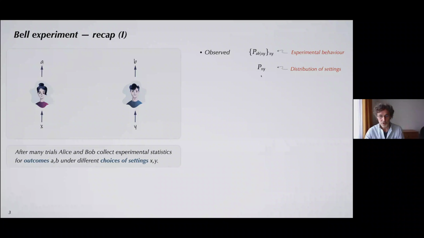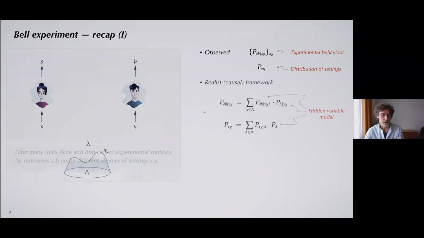So the story goes as follows. We would like to model this behavior in some way. So we postulate there is some hidden variable with some distribution, which should recover those results in the usual probabilistic way.